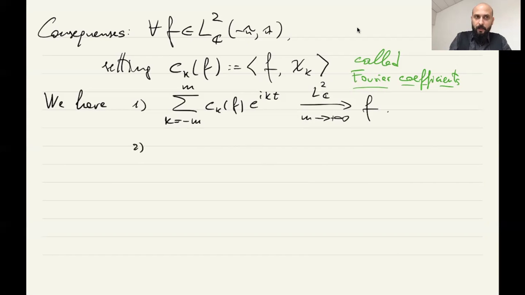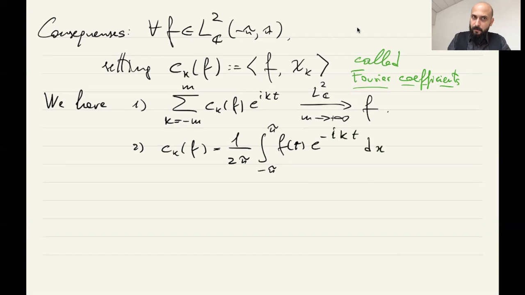Okay, second, another way of expressing c_k(f) is, now I just express the integral, explicitly writing the definition, with e^{-ikt}.